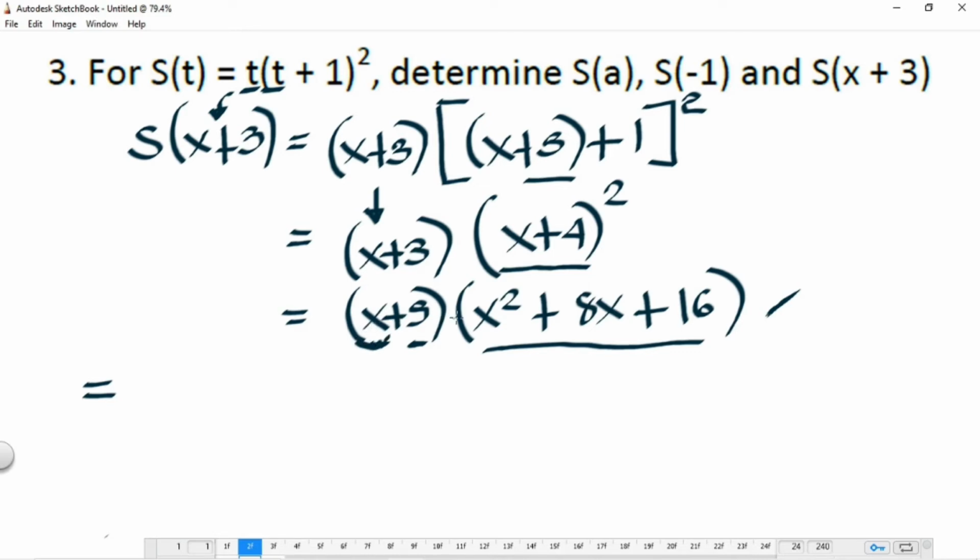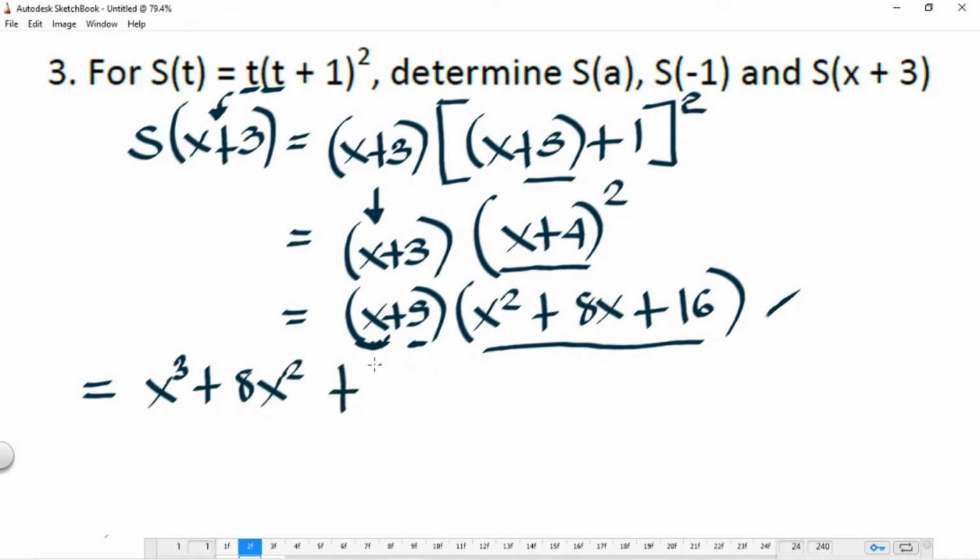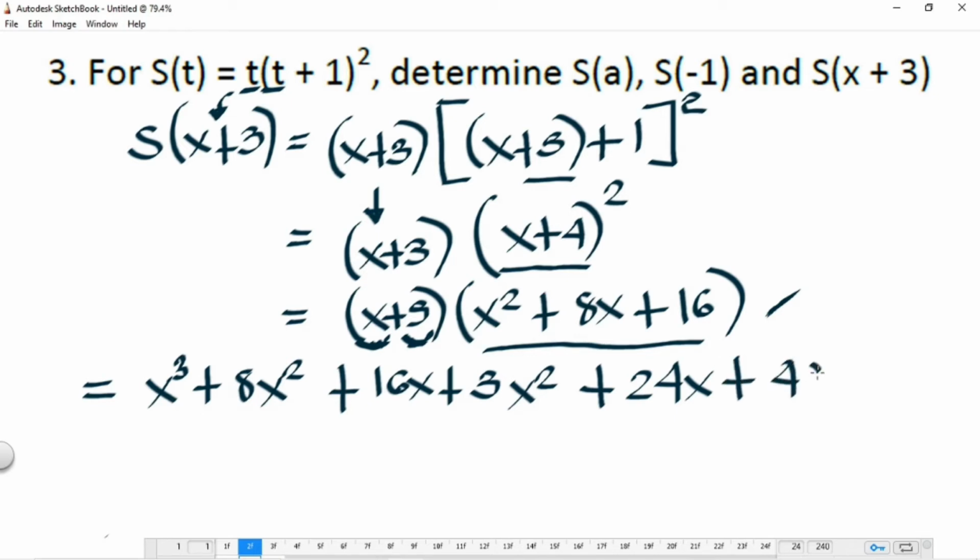So x times x squared is equal to x cubed plus x multiplied by 8x is equal to x raised to 2 plus x times 16 is equal to 16x. Next, let's proceed to 3. 3 times x squared is equal to 3x raised to 2 plus 3 times 8x is equal to 24x, and the final term 3 times 16 is equal to 48.